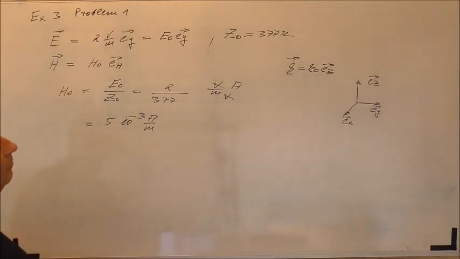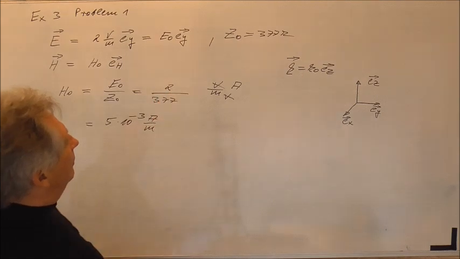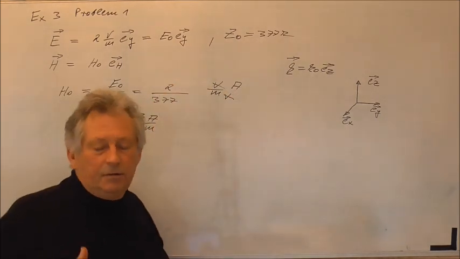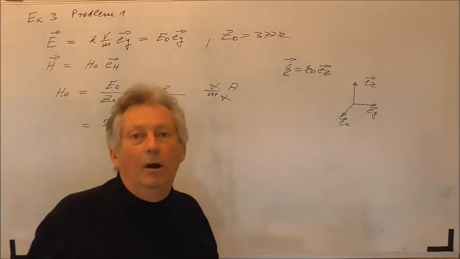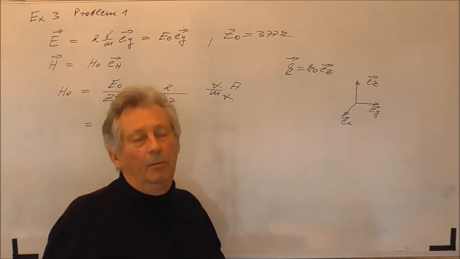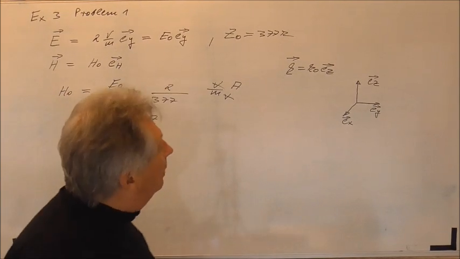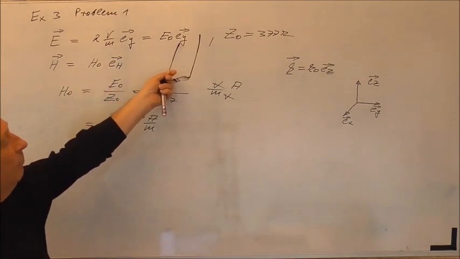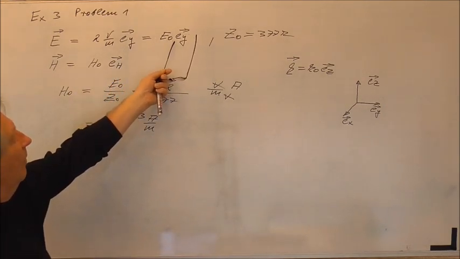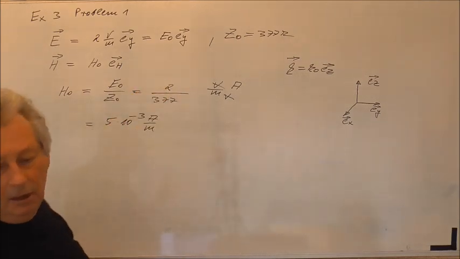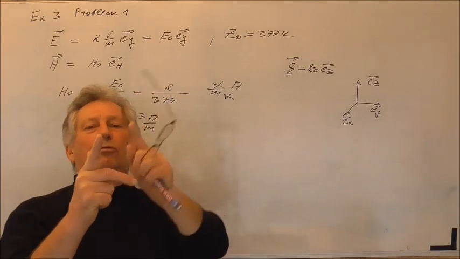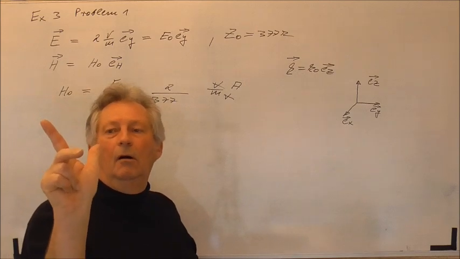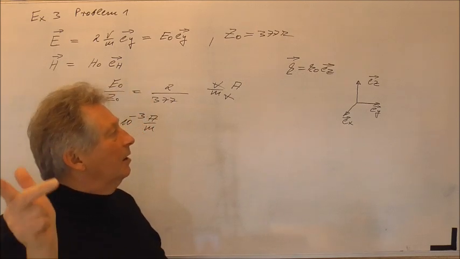We know that the wave propagates in the z direction, and this means that also the pointing vector will point in the z direction. And we know that the electric field points in the y direction, and E cross H must give the direction of propagation, the direction of z.